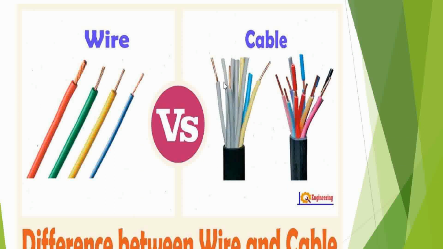So actually this cable includes some parts. The first part is the conductor. This is also called the core. What is the purpose of this conductor? It conducts. The conductors are made of tinned copper or aluminium.